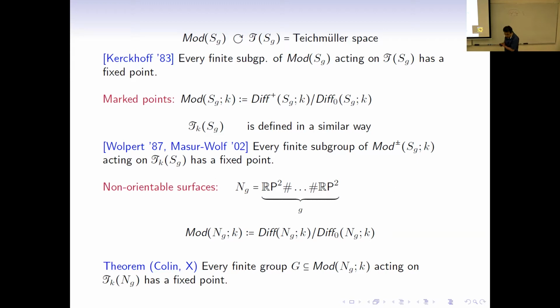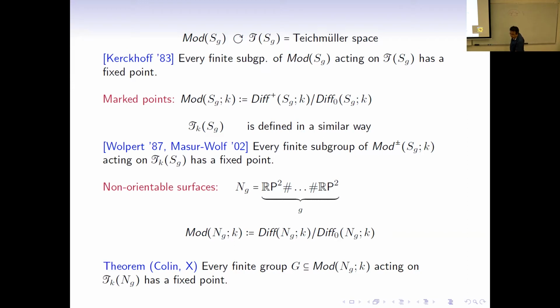If you have a diffeomorphism of N_g, can you lift it to the orientable double cover? That's right. It lifts. And you lift the group to a double cover, and then that would have a fixed point on the Teichmüller space.